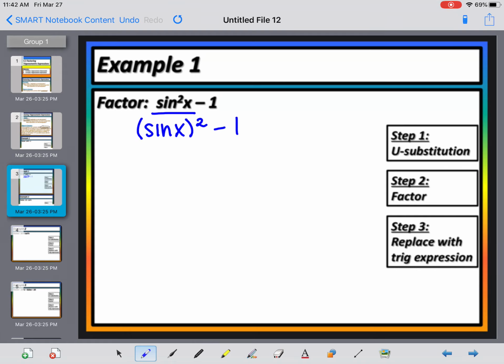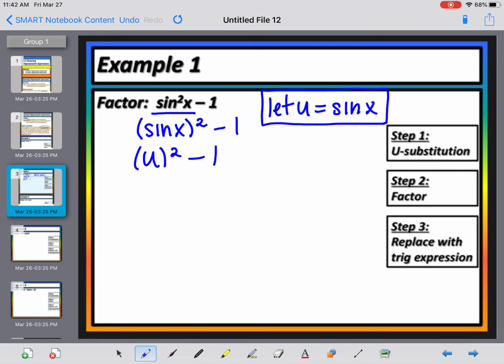Written this way, we can see our trig function here is sine of x. So we're going to make our u substitution. We're going to say let u equal sine of x. In your work, we do need to see this u substitution. I need to know, what are you putting in place with the u?